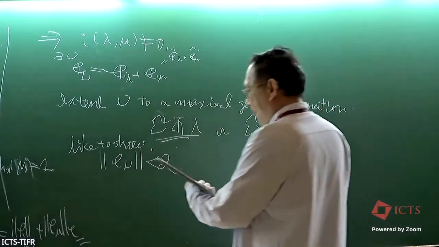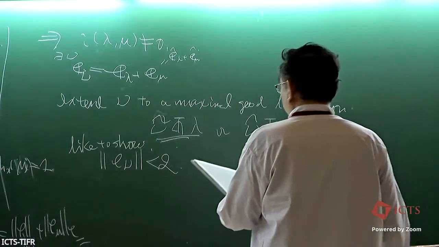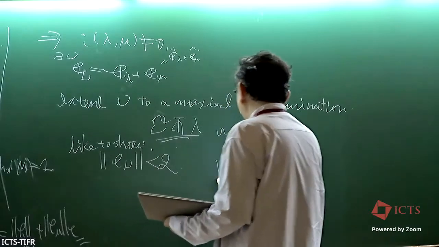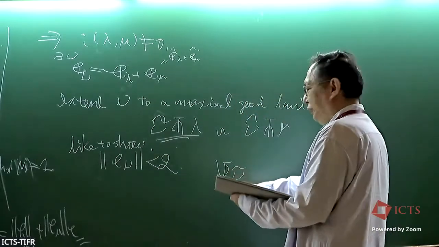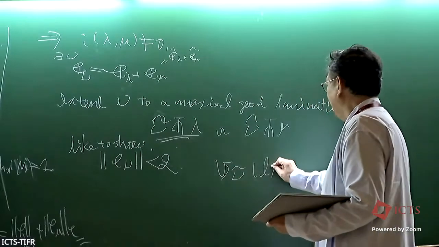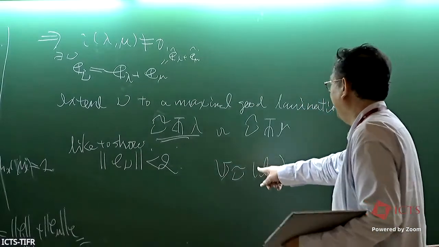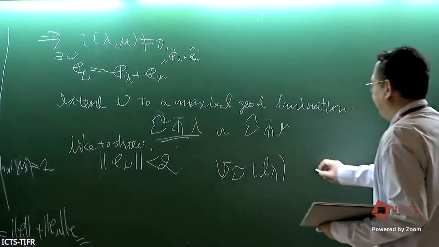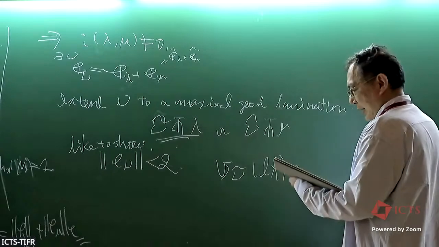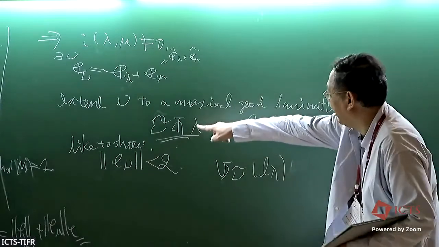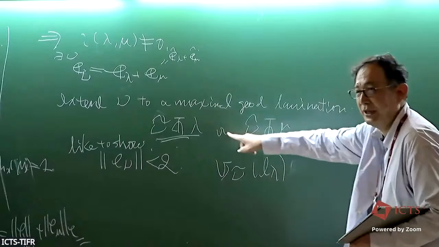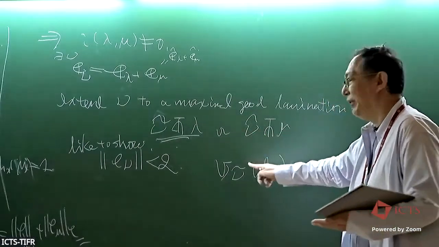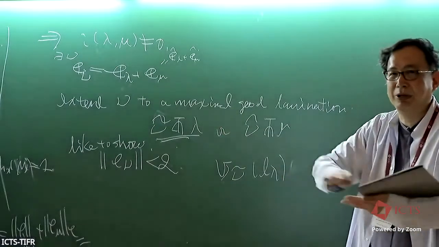Now, if you consider the stretch vector along nu tilde and measure the length, this should be less than the maximum, because they intersect transversely. Lambda cannot be stretched by nu tilde by the maximal length.